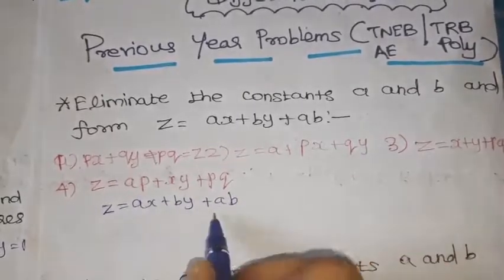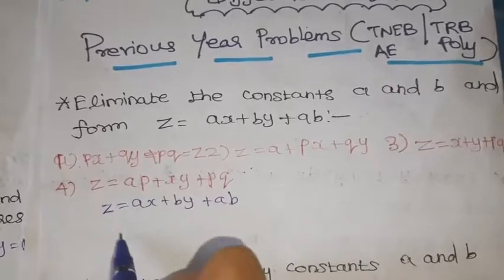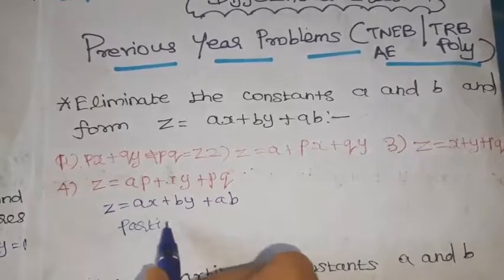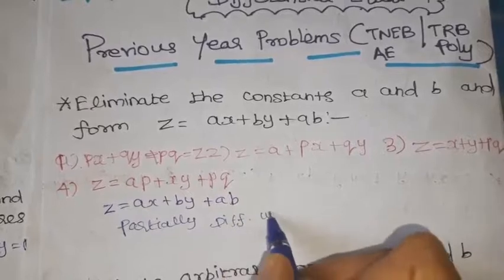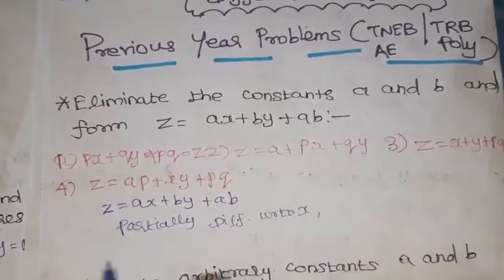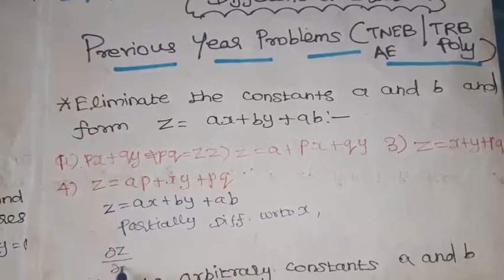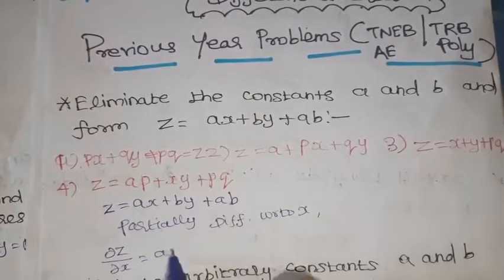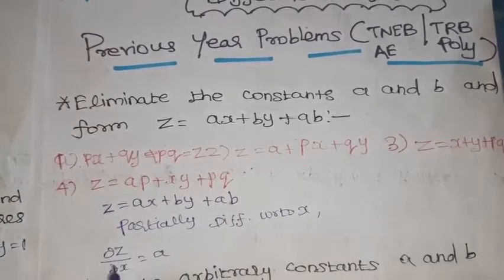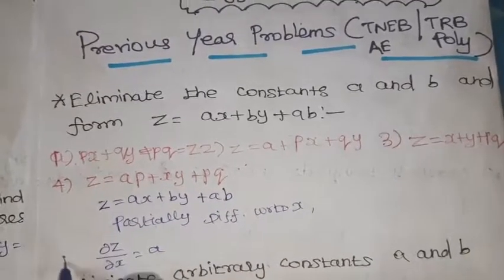So, differentiate partially. Differentiating the above equation with respect to x, we get dou z by dou x equal to a, differentiating a only. We can write dou z by dou x as p.